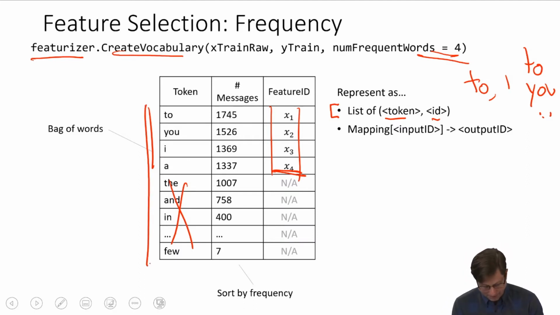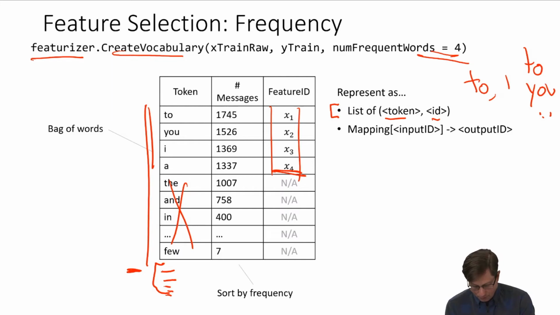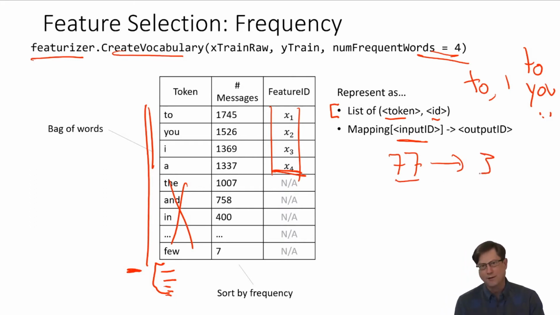For example, you may have tacked on a bunch of handcrafted heuristic features like the length of the message. And in that case, you would need to say specifically, when you bump into this handcrafted feature, which was at index, it looks like 77, you will output that feature as index 3 or whatever it is in the order.